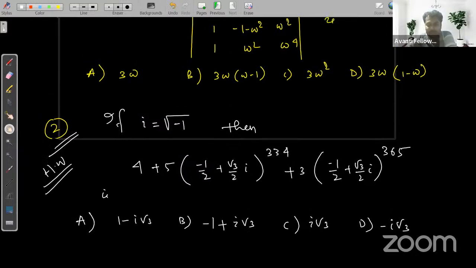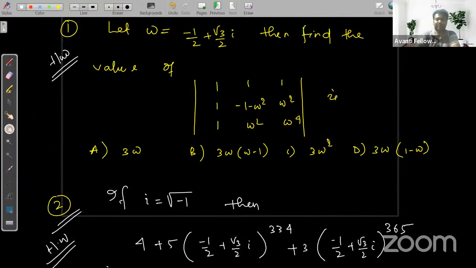My suggestion is, 95% of the concepts are completed, with 5% left, but the important portions are completed here. In this chapter, at least 2 questions will come in JEE Mains, and in other examinations you will get more questions.